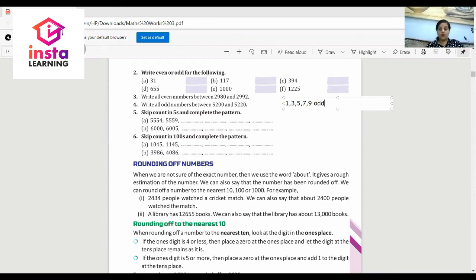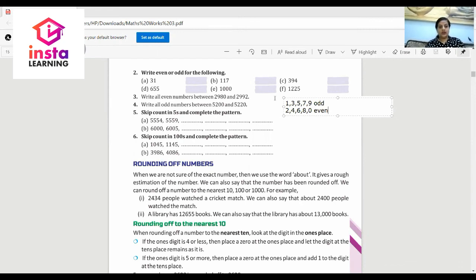And those numbers that are at one's place, it is 2, 4, 6, 8, 0 also, it is called even number. You just write down in your copy also, just to make it clear, just to revise it, that it is odd and it is even.